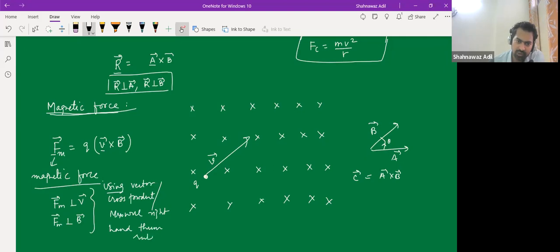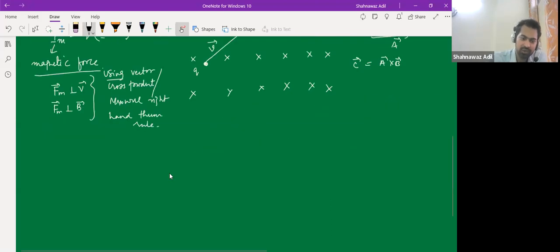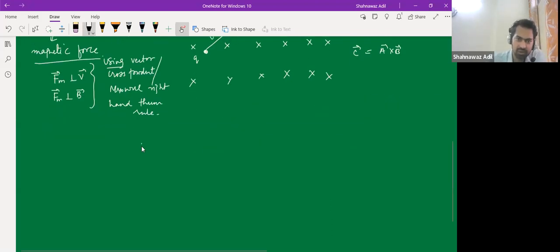This we have done, so I'm not focusing on that. So this is what the magnetic force is: F is Q, V cross B.